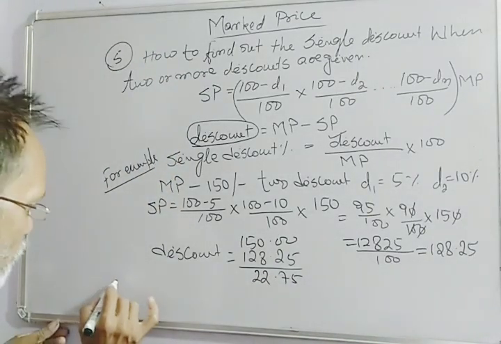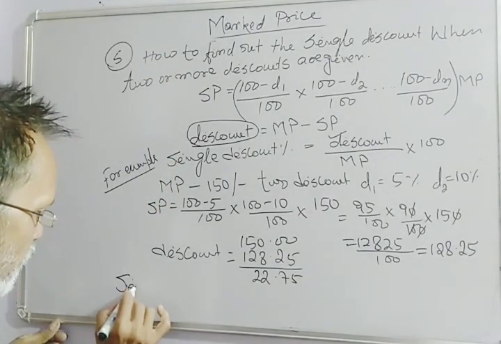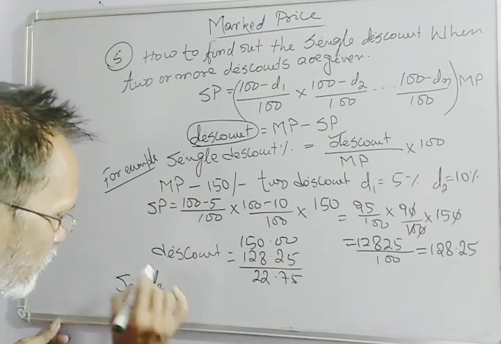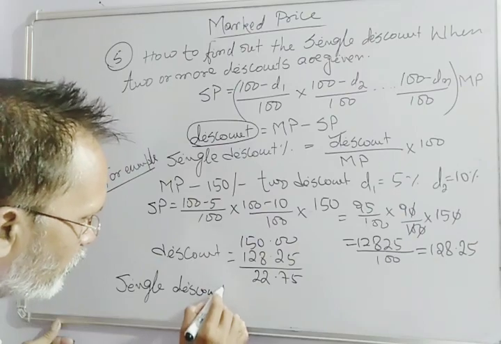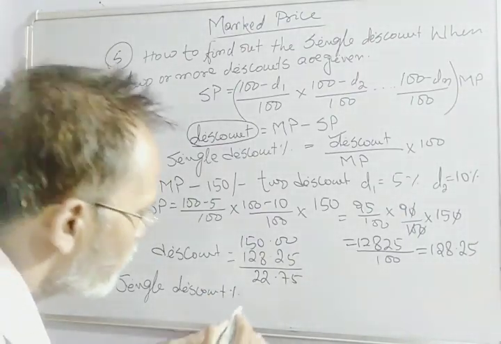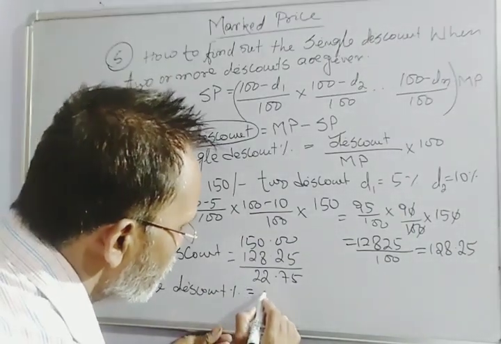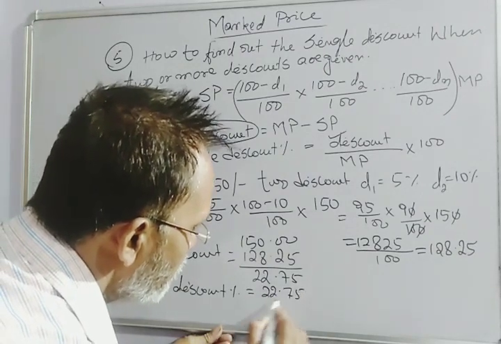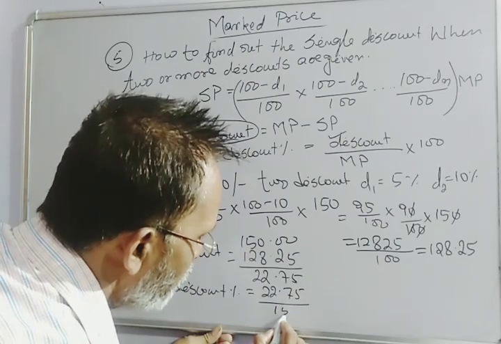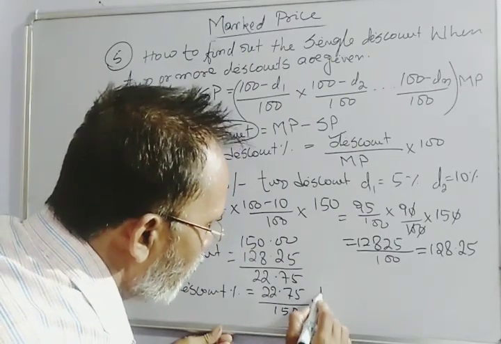Now single discount percentage is equal to 21.75 by 150 into 100.